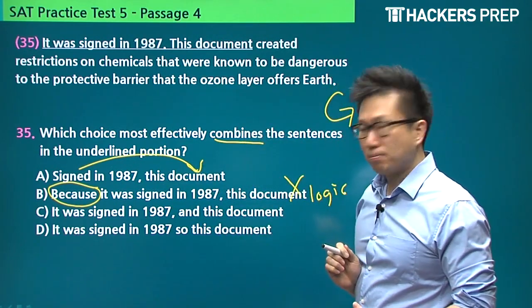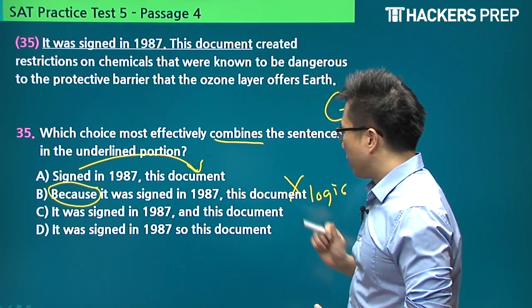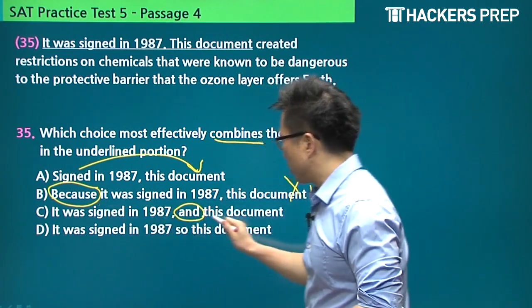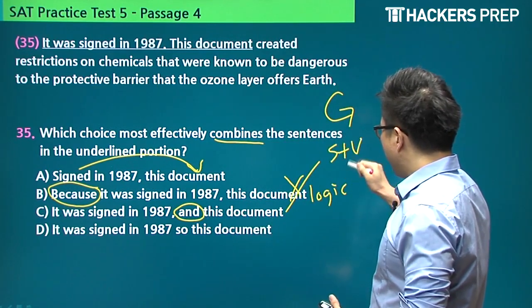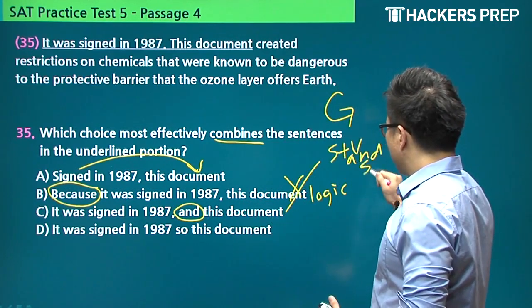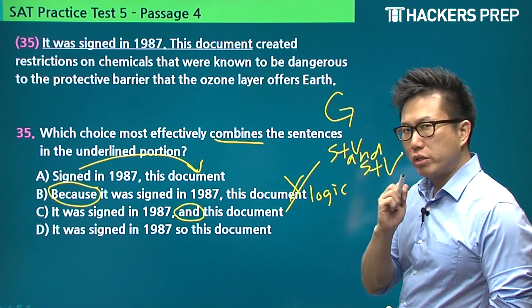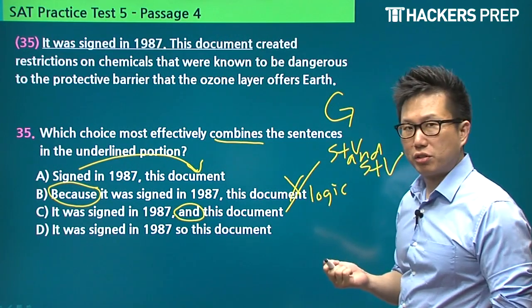Look at C. It was signed in 1987 and this document. Now, let's consider this idea. You have a subject verb there and a subject verb here. Remember, this is a subject verb and subject verb problem. When you have subject verb and subject verb, you always have to doubt at first. You have to consider that maybe this might not be efficient.